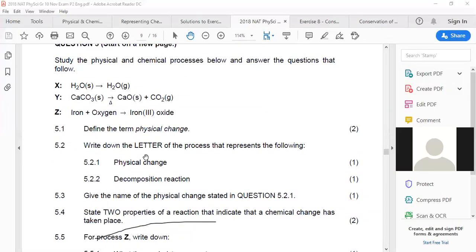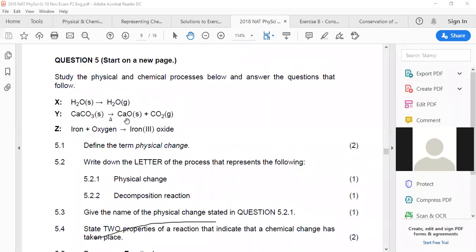Then 5.2, write down the letter of the process that represents a physical change. You're going to check on these 3 equations, X, Y, Z, which one is not changing its substance? It's X, correct? We have water.